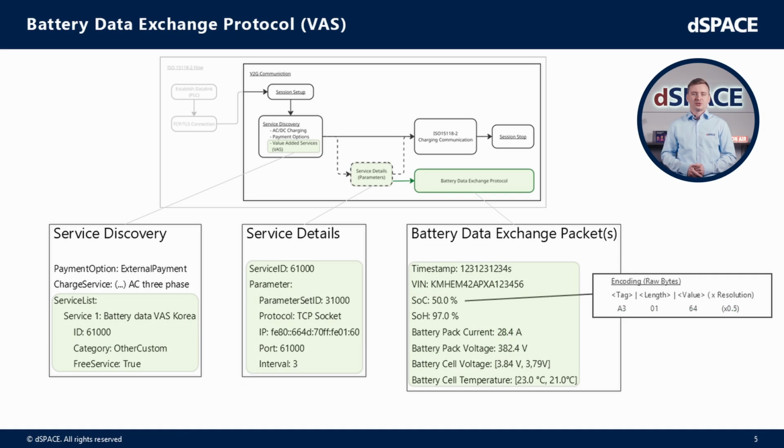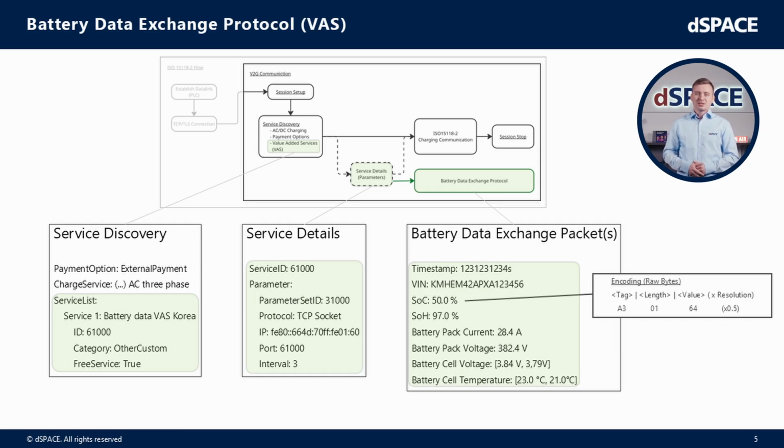Here we can take a look in more detail into the messages. On the left side, the service discovery. We see here the service list. The name of this new battery data exchange protocol is the battery data VAS Korea. The ID is 61000, and there are even some more parameters here.